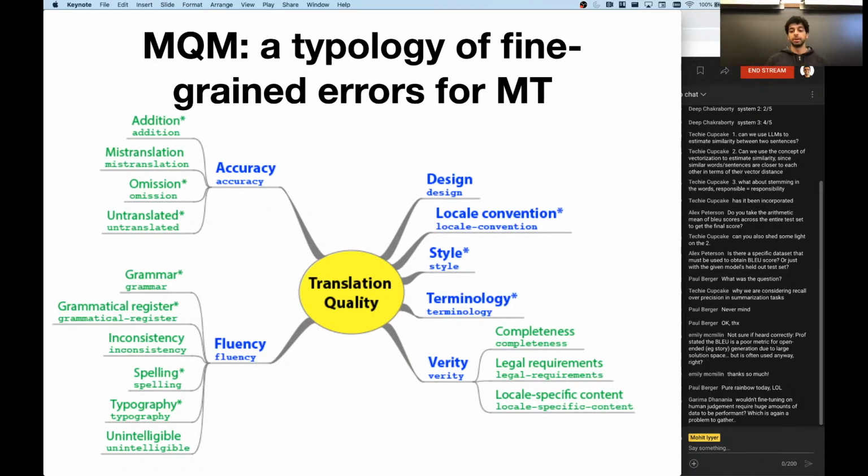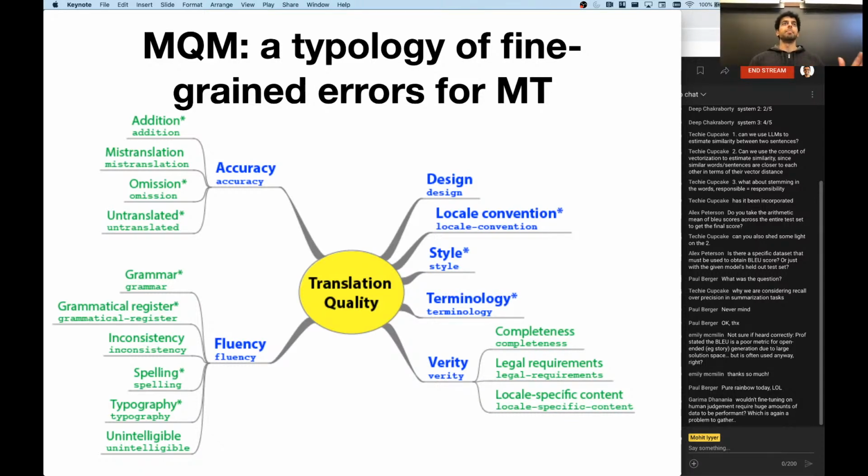So in machine translation, there's a schema of errors called MQM, which basically catalogs the most common types of errors that are made and links each one to a span of text within the candidate translation. So instead of getting a single score for a translation, you get these spans of text that are labeled with different error categories, and you can aggregate all of those into a score if you wish.